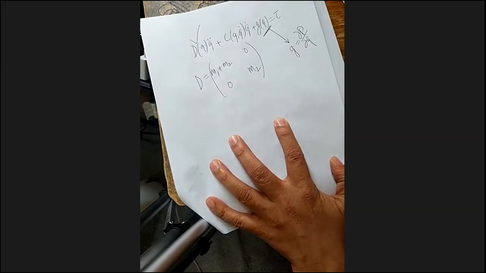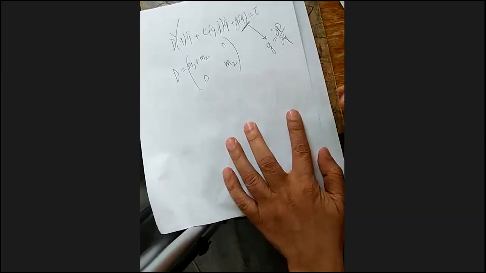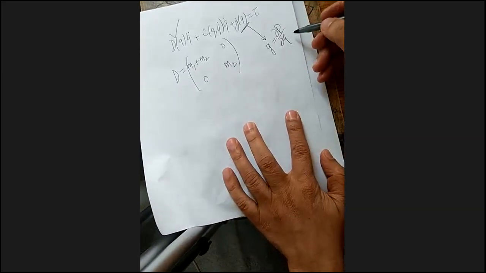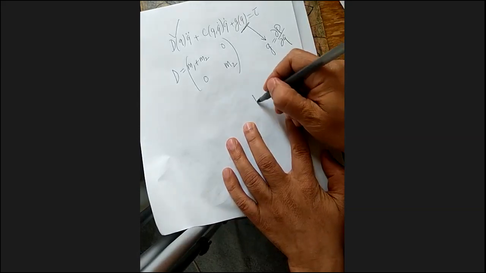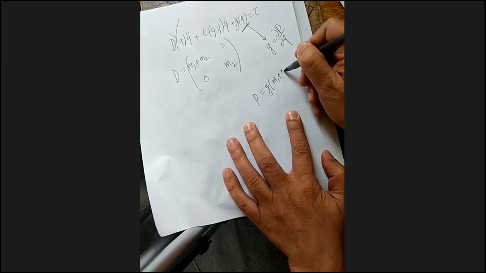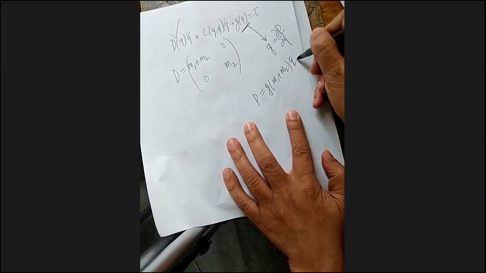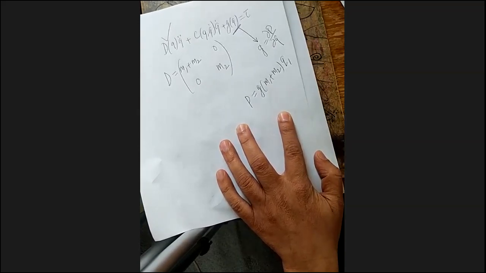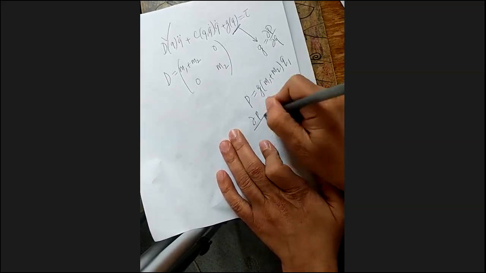That's the definition of G, right? We did that a moment ago. Now what is your P? P is g (m1 plus m2) q1.